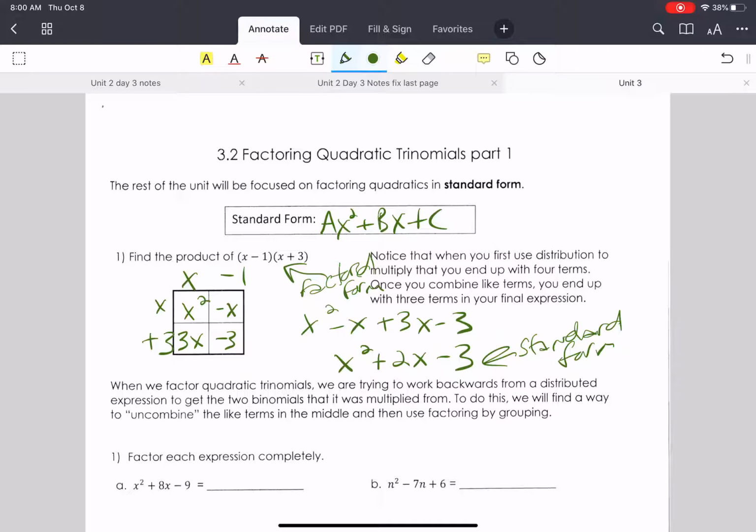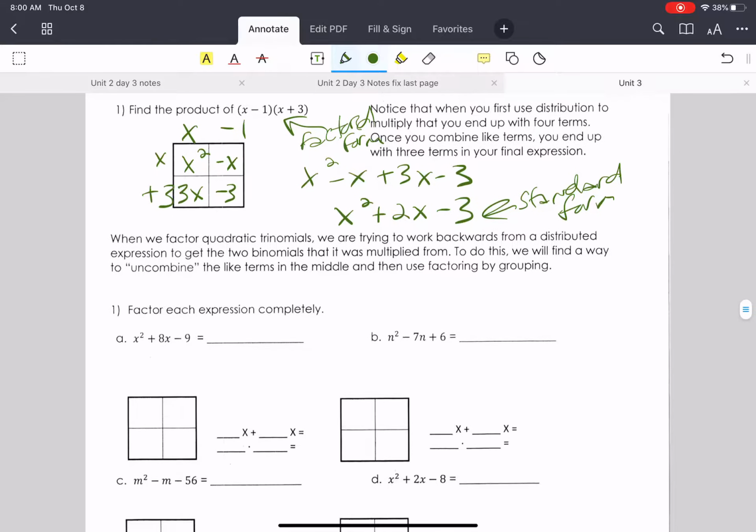So the problem with that is that when I'm trying to factor it, if I want to factor by grouping like I did last time, how do I know what goes in each box if I have only 3 terms but 4 boxes? One thing that we'll know is that the like terms are always going to be the plain old x's, okay?